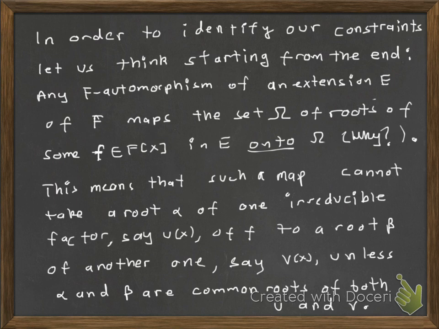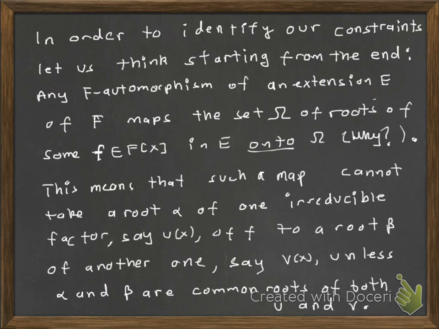And since the same thing applies to the irreducible factors of f, it turns out that an F-automorphism of E cannot take a root alpha of one irreducible factor, say U, to a root beta of another one, say V, unless alpha and beta are common roots of both U and V. So this argument is basically a factor that confines our attention to irreducible polynomials.